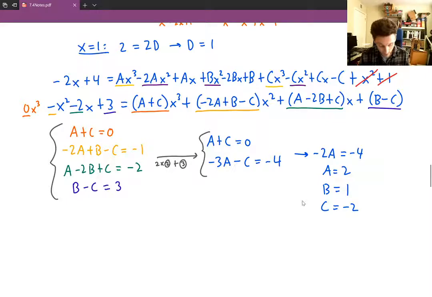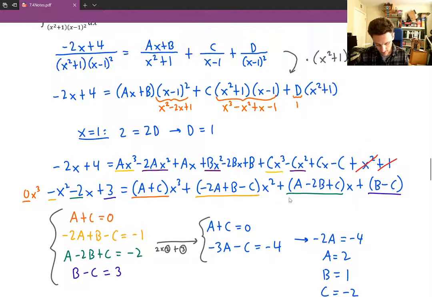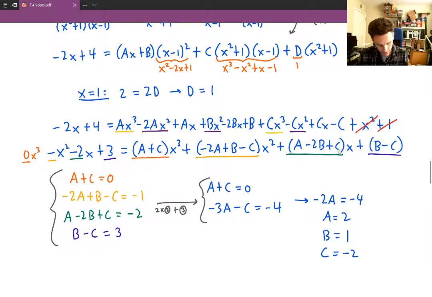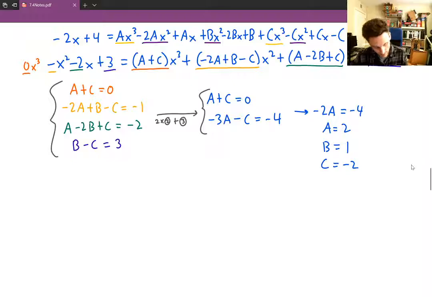All right, so now we have the expansion and we know the undetermined coefficients, so we'll know exactly how everything expands. So we're going to feed the a, b, c, and d back into the original breakdown. And when we do that, it's going to look something like this.